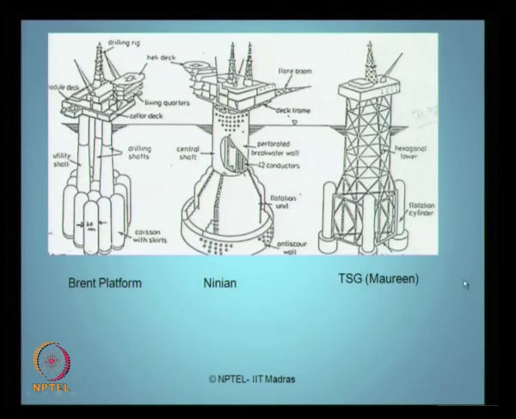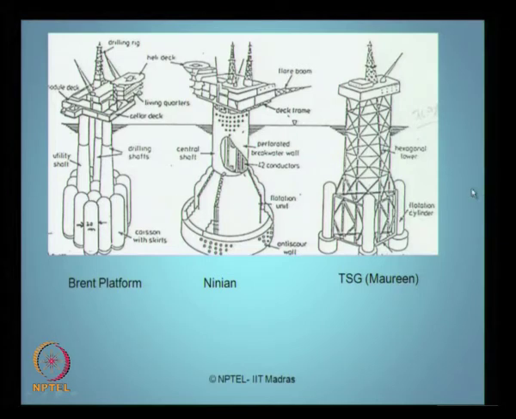The picture you see here shows three different schematic views of gravity based structures constructed in different parts of the world: Brent platform, Ninian platform and Moraine GBS. There is a commonness between all these three kinds of platforms.